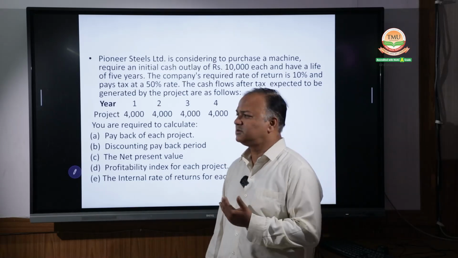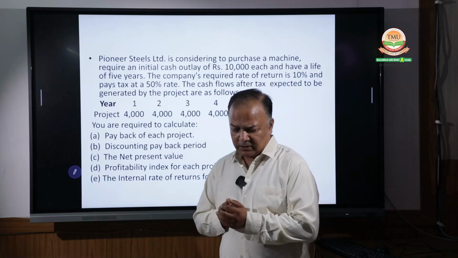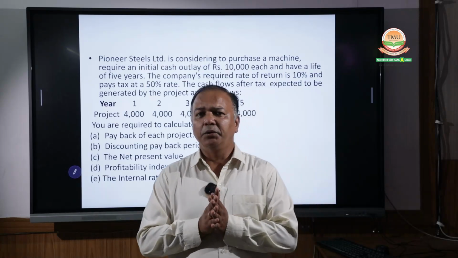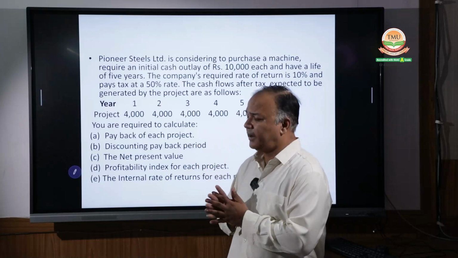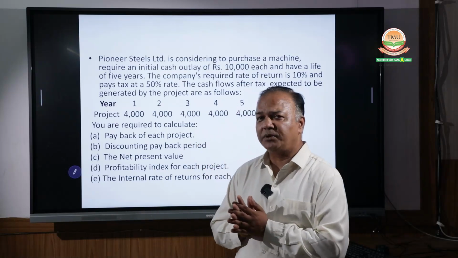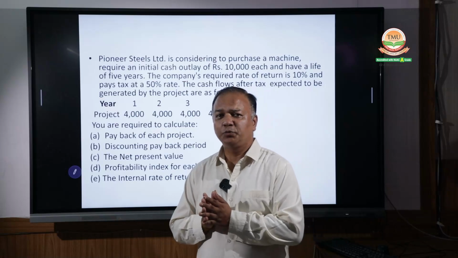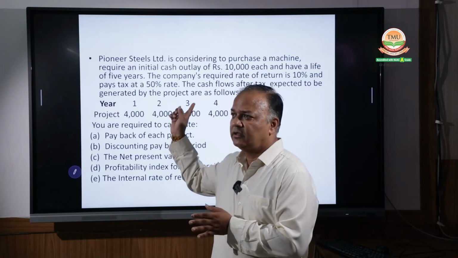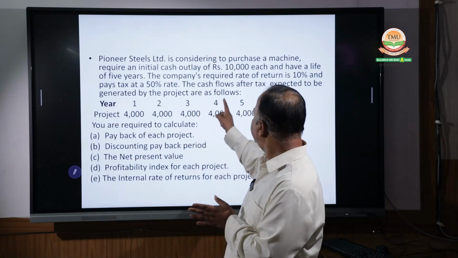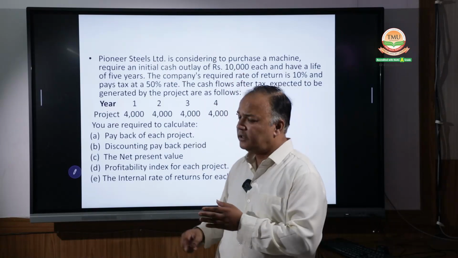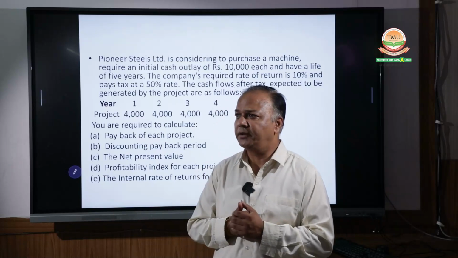Let's summarize the problem again. In this problem, there is Pioneer Steel Limited and the company wants to purchase a machinery. To purchase the machinery, it has to pay rupees 10,000 as a cash outlay. It means the cost of machinery is rupees 10,000.